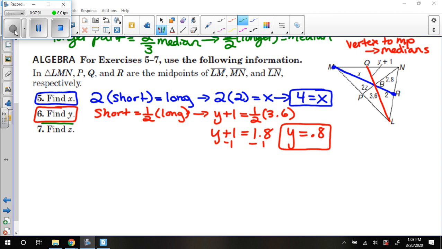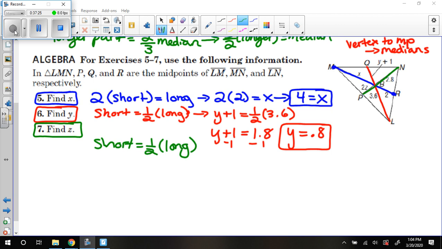Okay, and our last one here, we're going to find z. If I highlight my segment here that has z on it, z is on the short piece. So I'm going to use the same relationship I did to find y, that the short piece is half of the long piece.